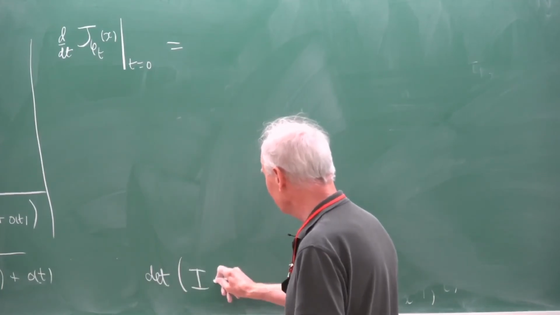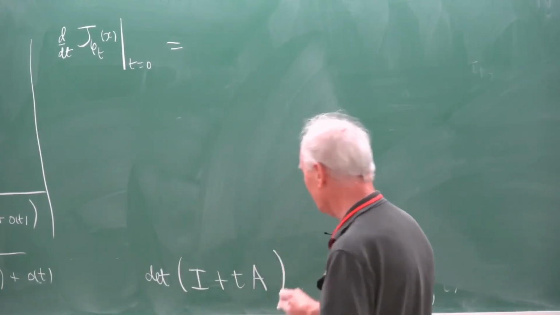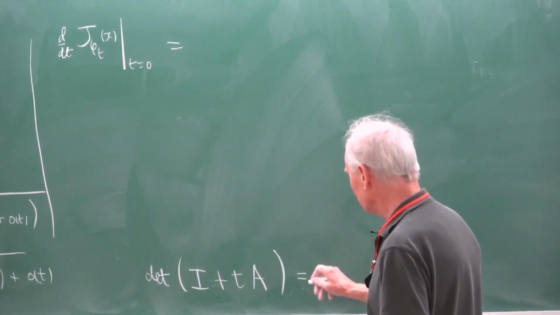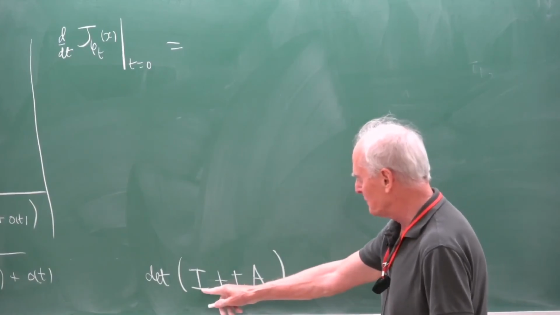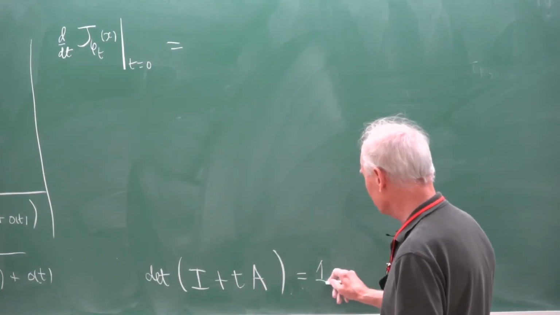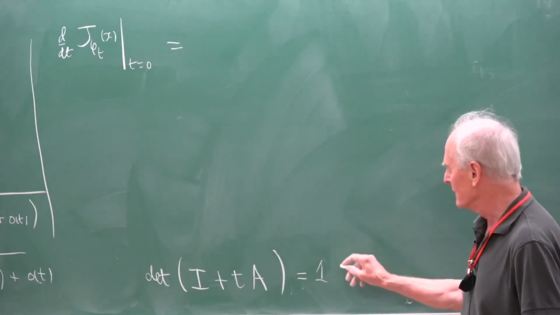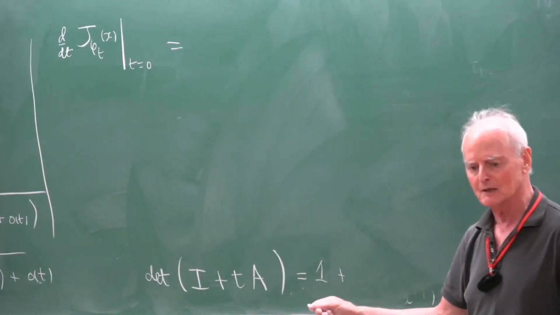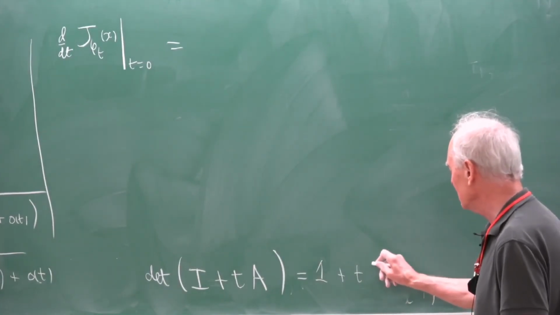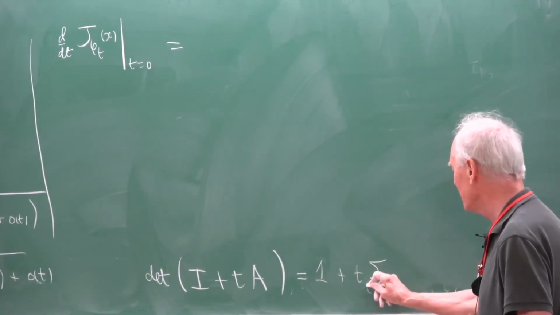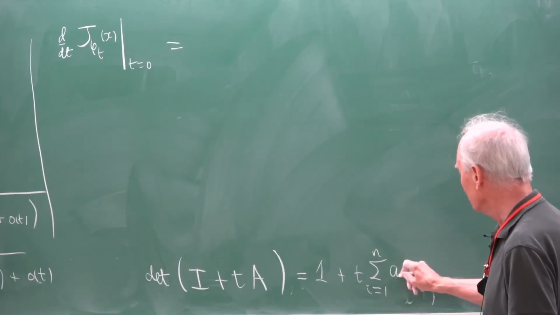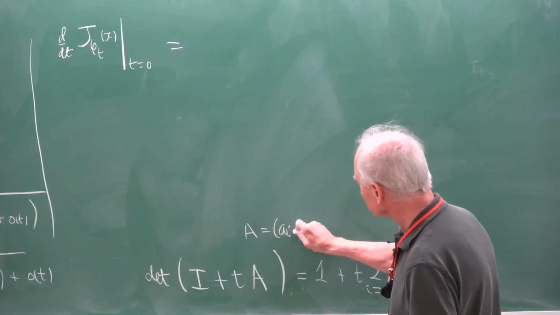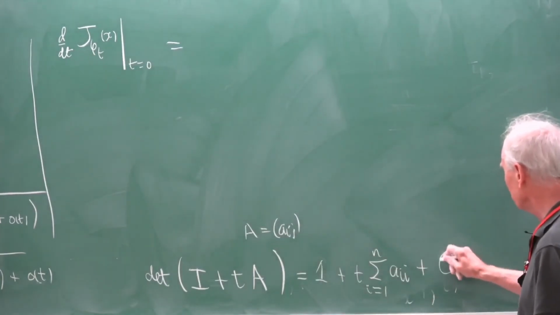If you have the identity plus t times a matrix A, well, I think you can easily see that the principal term that you get is 1 from the determinant of I, and then you get certain linear terms in A. That's the trace of A, actually, is the next term that you get here. So it's t times the trace of A, that's the sum from i equals 1 up to n of a_ii, assuming that A is equal to a_ij. And then you get terms of order t squared.